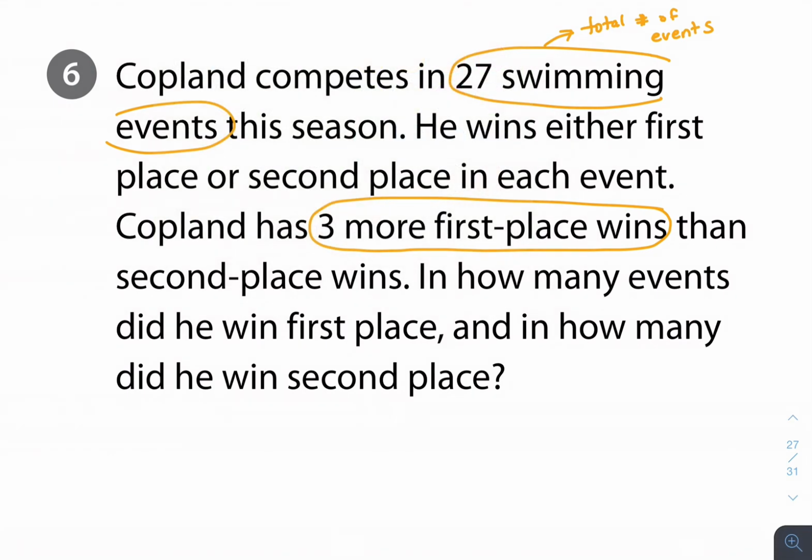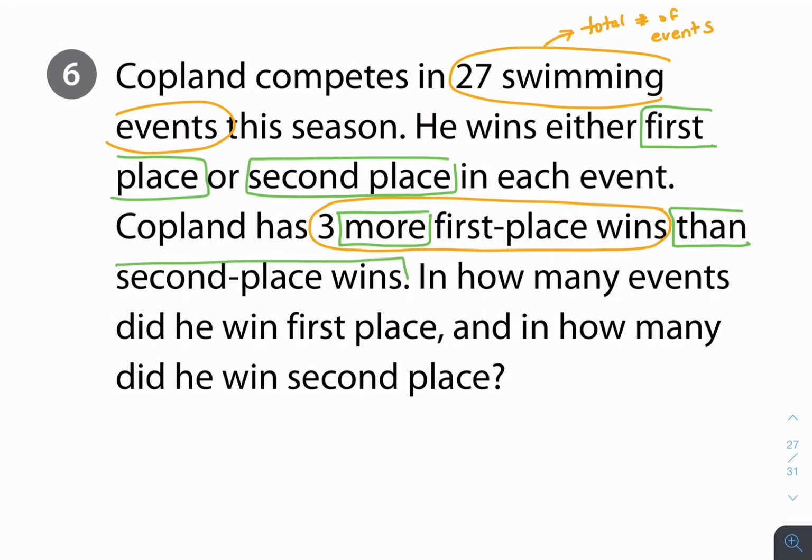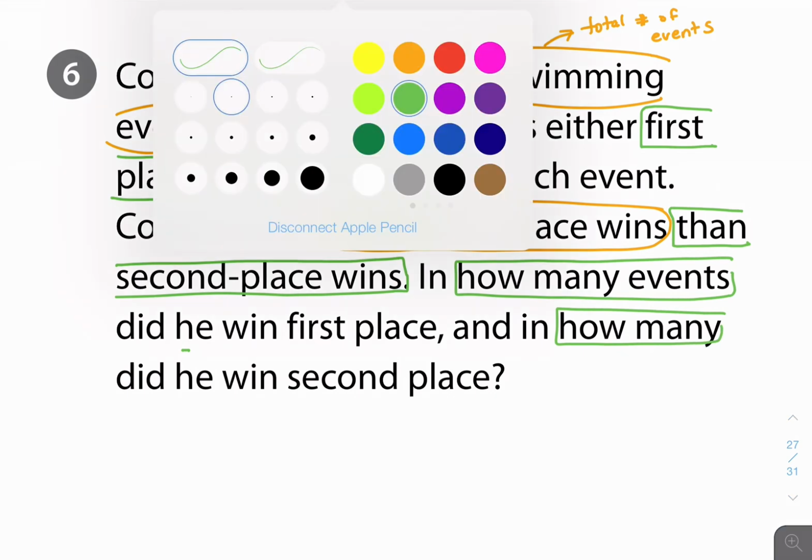Time to box key terms. Right, so he's either winning first place or second place. 3 more than the second place wins. Alright, so I'm looking for how many events did he win first place, how many events did he win second place.